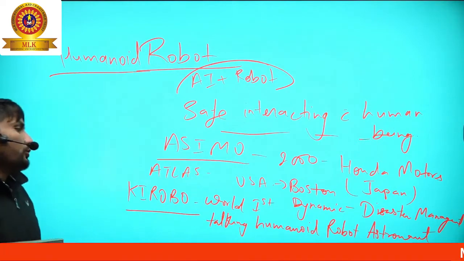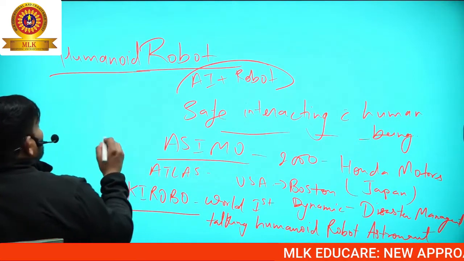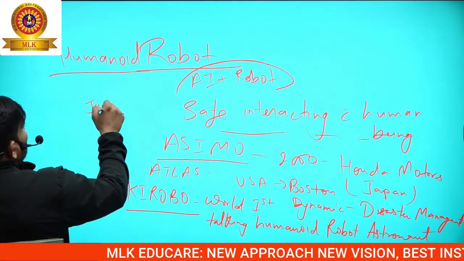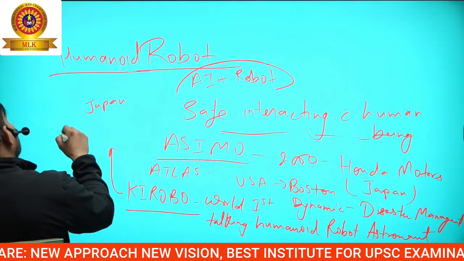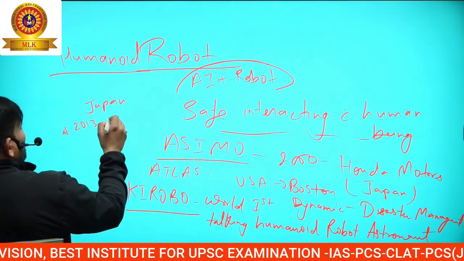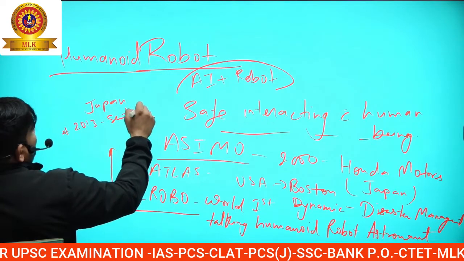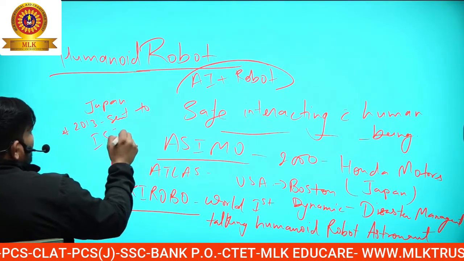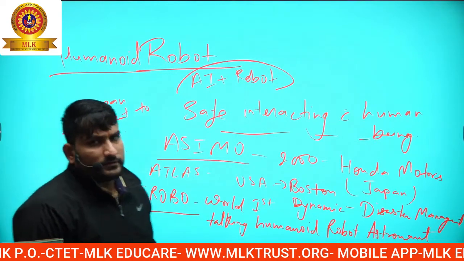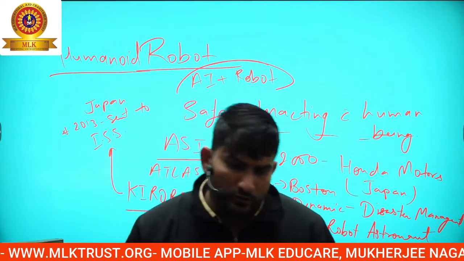Which one? Kirobo. And this is developed by Japan. By the year 2013, it was sent to the International Space Station, ISS. So Kirobo is also an example.